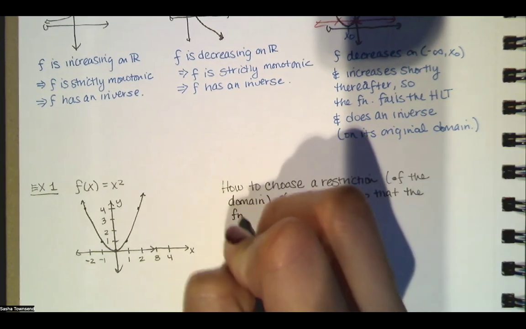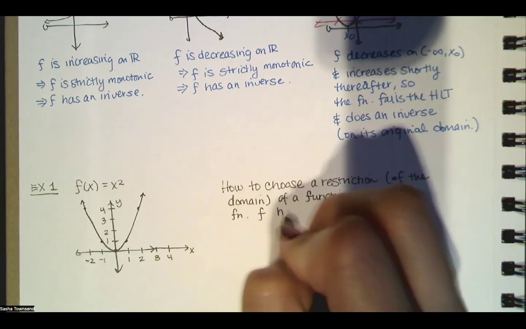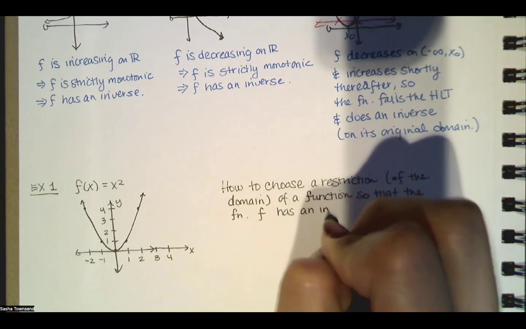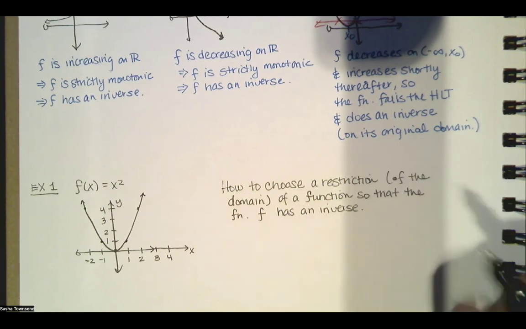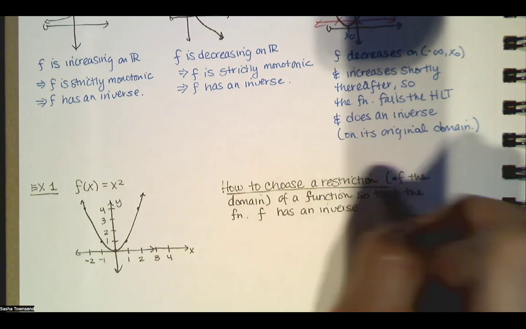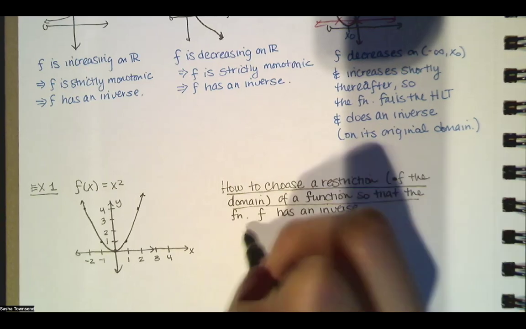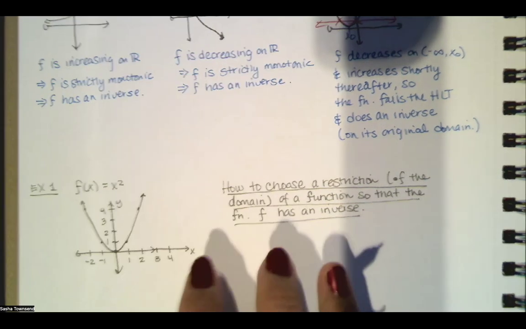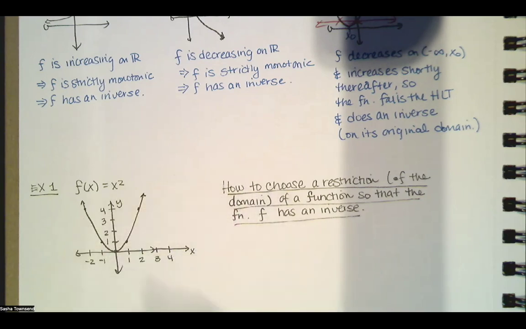I'm going to say so that the function, and I'm just going to call it f, has an inverse. Okay, so our goal here is to find that interval that captures the range of the function.